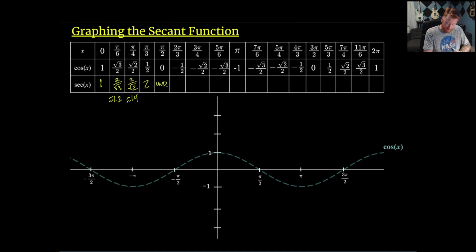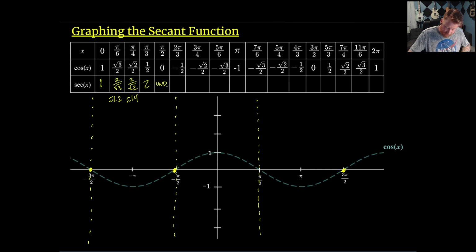So this is going to tell us that at pi over 2, we're actually going to have a vertical asymptote. So anywhere on this graph where cosine is equal to 0, we know we're going to have a vertical asymptote, because if cosine is equal to 0, then the secant is undefined.